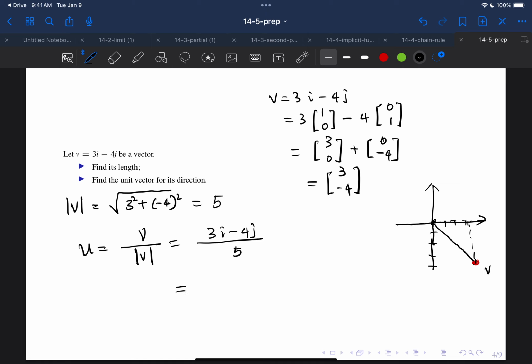If you want, you can write this as 3/5 i minus 4/5 j. Or you can directly write 3/5 as the x coordinate and -4/5 as the second coordinate. Those are all the same.